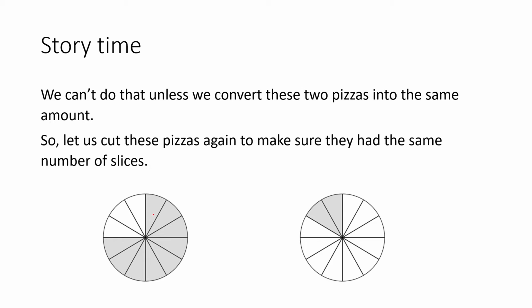This is now going to be 9 over 12, and then the second pizza is now going to be 2 over 12. Can we put them together? Yes. Now we can add.